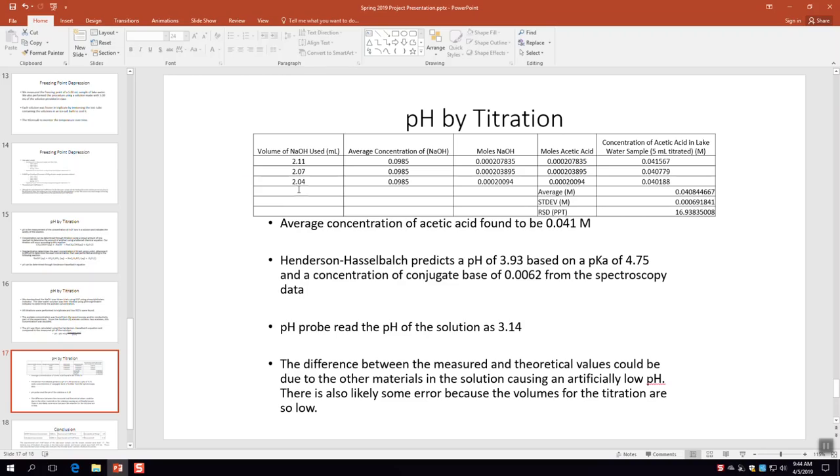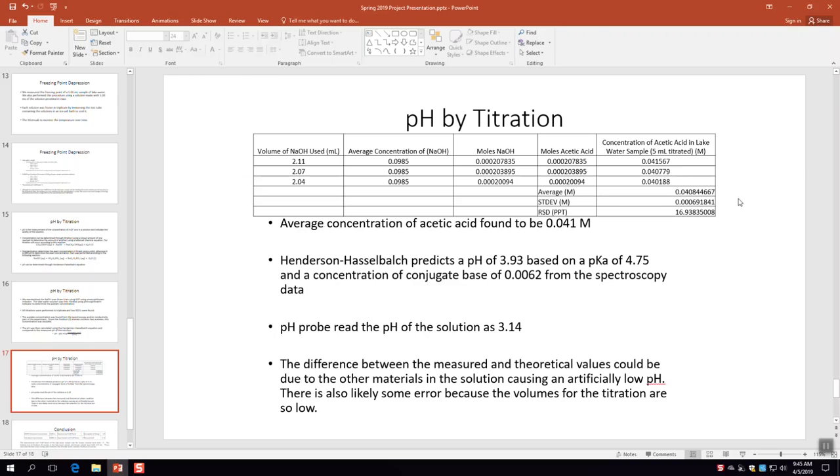Furthermore, if you're more than a drop off, that's an even greater effect. So having such a small volume of NaOH really puts a burden on the experimental procedure to get a low RSD. You have to be really careful and make sure that exact last drop gets the solution to turn pink in order to keep your RSDs low.